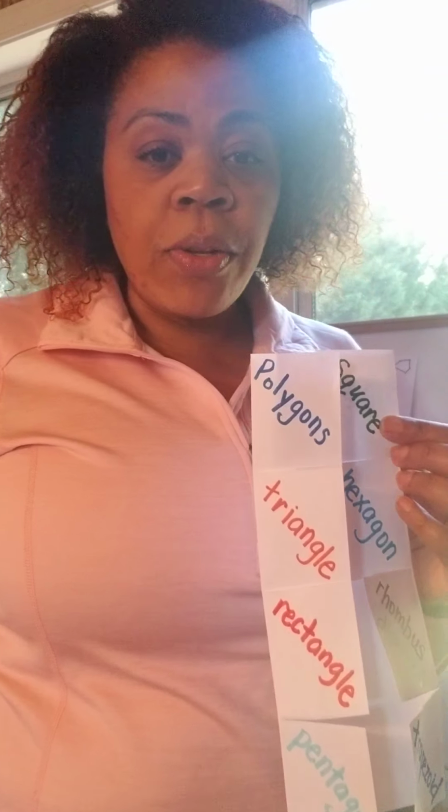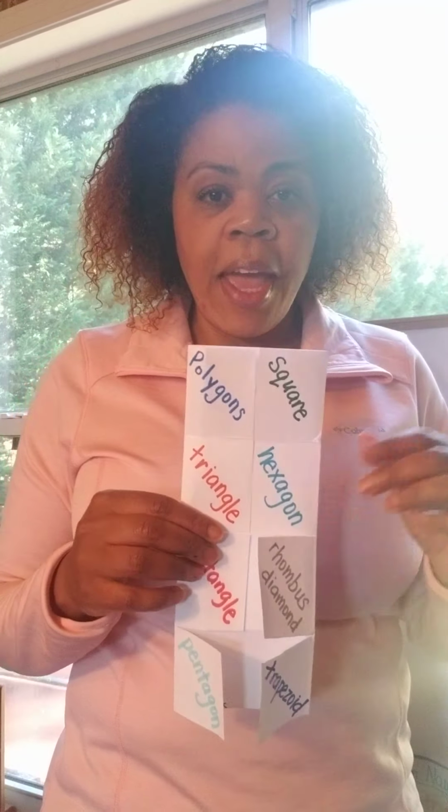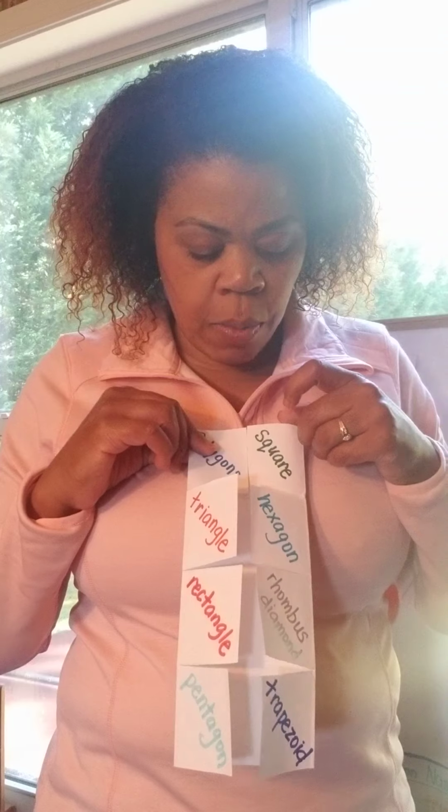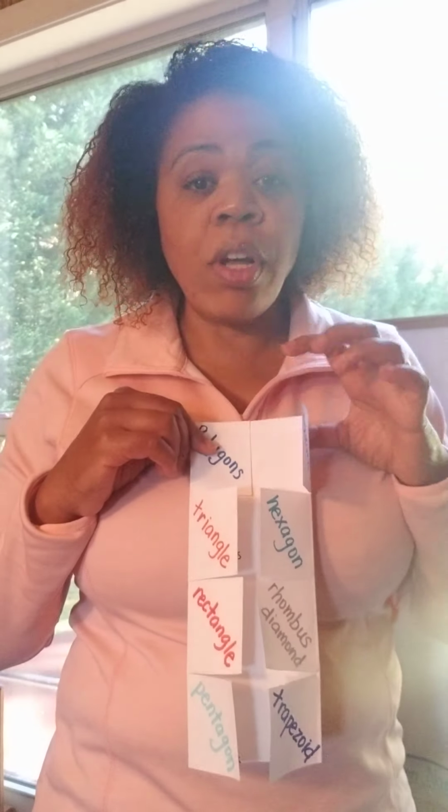I will show you how to do this, and then you can go back and finish it, and take a picture of it. We're just making another little flip book, and I want you to define polygons in the first square, and then I want you to tell me if your shape is a polygon, quadrilateral, or both.